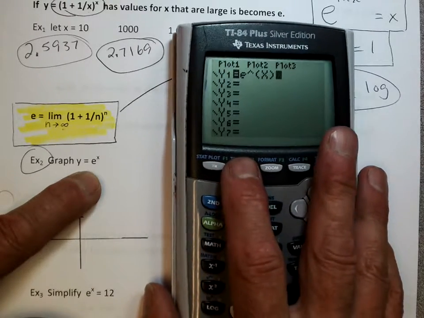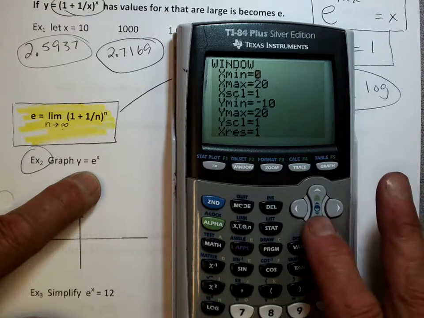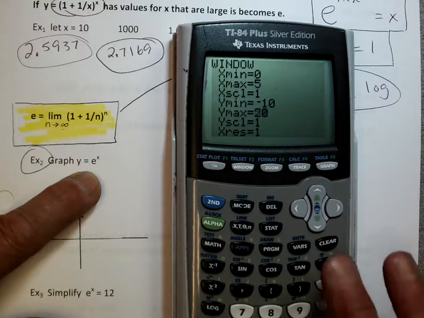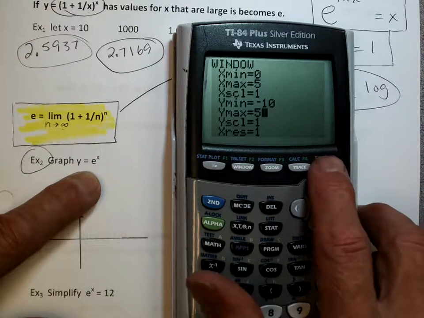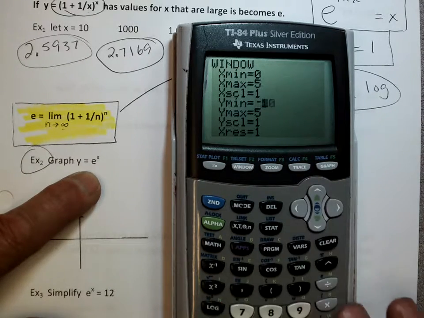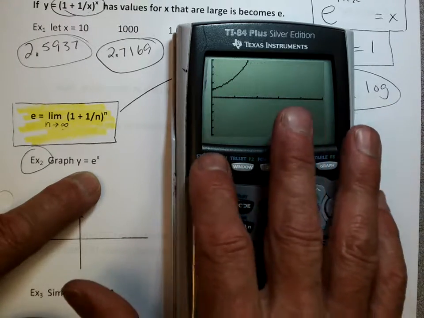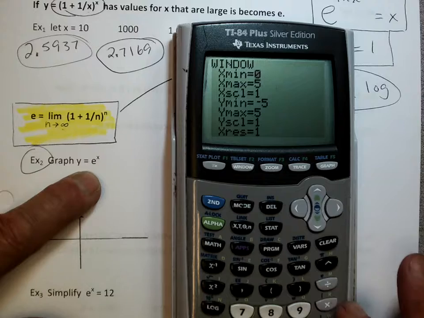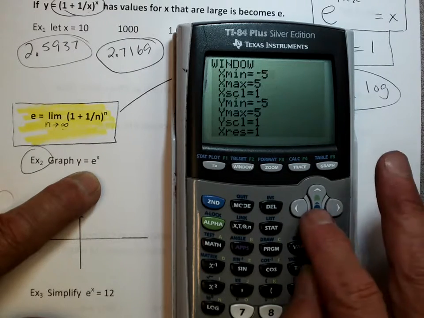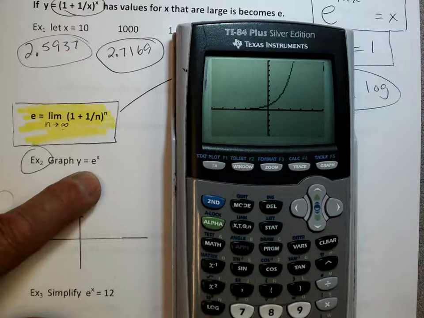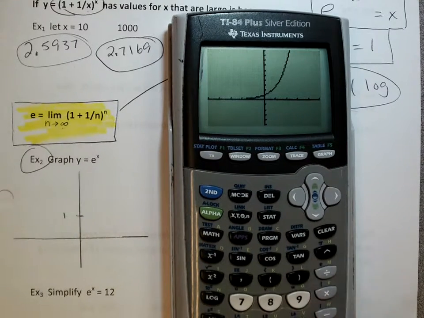Let's go 0 to maybe 5, and maybe negative 10 to 5. Oh, I got the wrong window. Let's go negative 5 to 5, and make this a 10. There we go. That looks like an exponential, doesn't it?